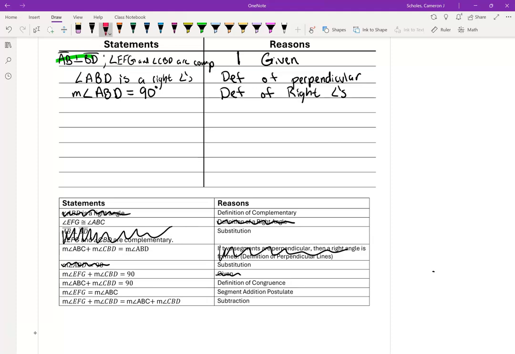Now we are going to use the second given. Angles EFG and ZBD are complementary angles. So with that being said, we know what complementary angles mean. It should add up to 90 degrees. So we know that the measurement of angle EFG plus the measurement of angle ZBD is equal to 90 degrees as well.